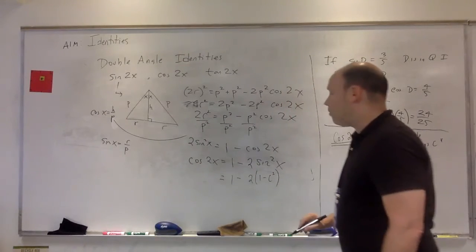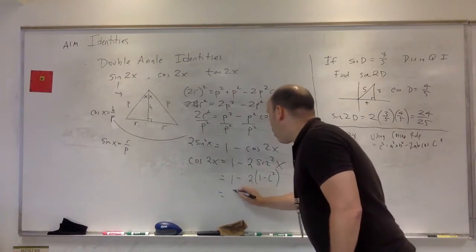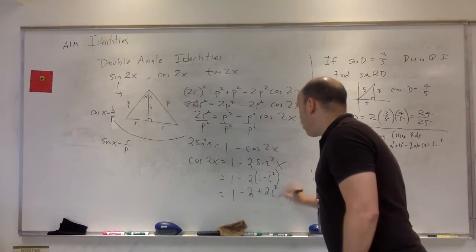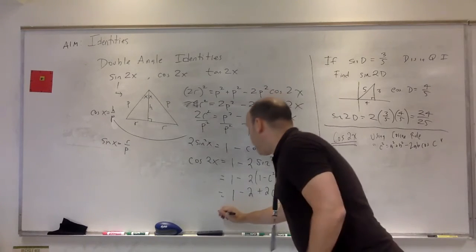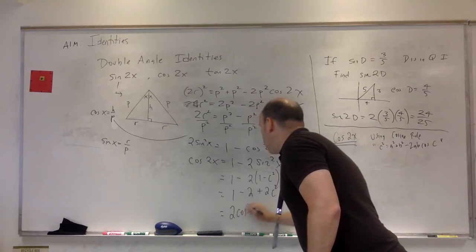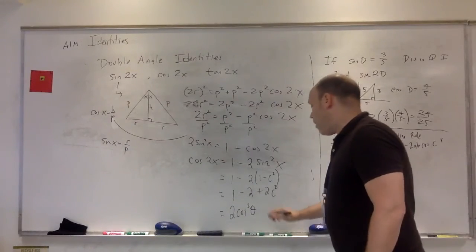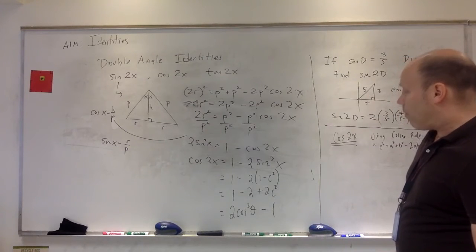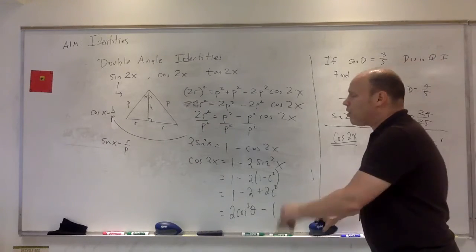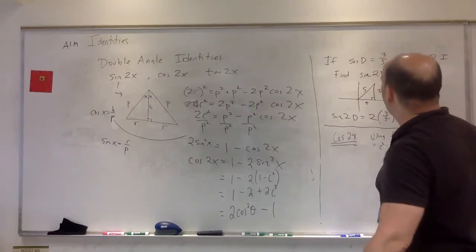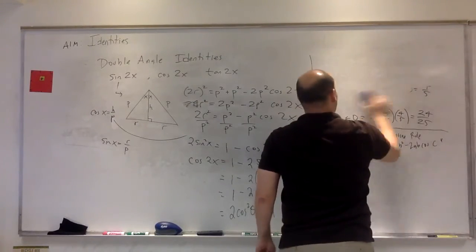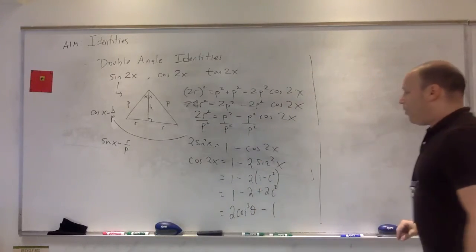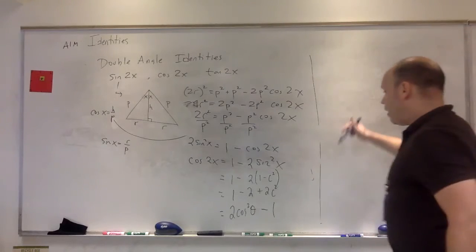If we have the cosine of 2 theta, 2x, equal to 2 cosine squared minus 1, but 1 was equal to sine squared plus cosine squared, we actually end up with the third identity, which is cosine squared x minus sine squared x. And these are the 3 identities you can use to solve these problems.